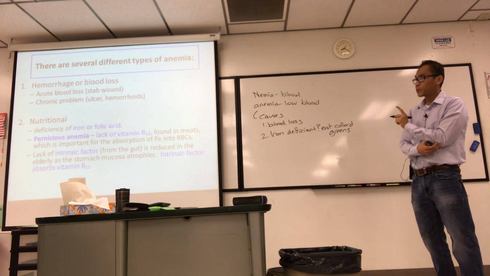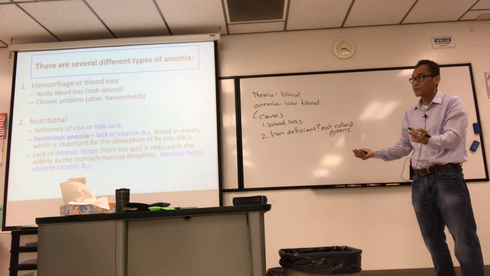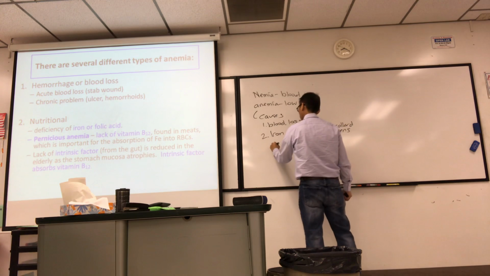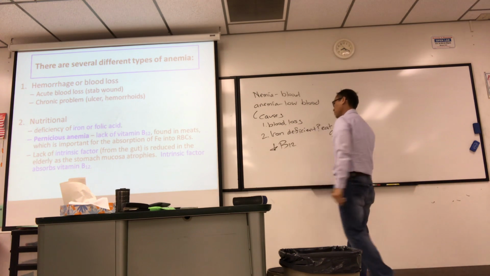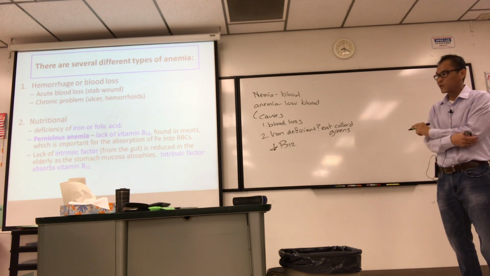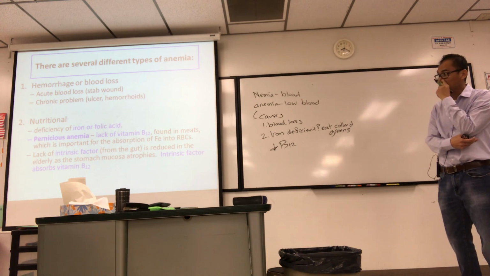There's something called pernicious anemia, which is a lack of B12. And B12 is important for the absorption of iron. So you need B12. A lack of B12 could be a form of nutritional anemia. Down arrow, B12. Turns out there's a factor called intrinsic factor in the gut that helps absorb B12.